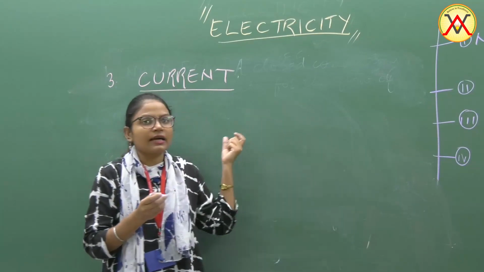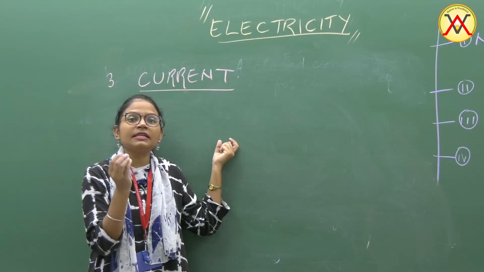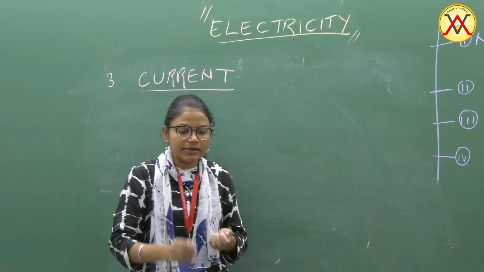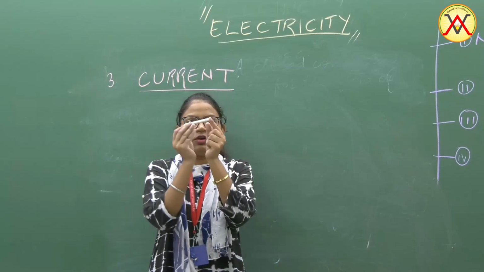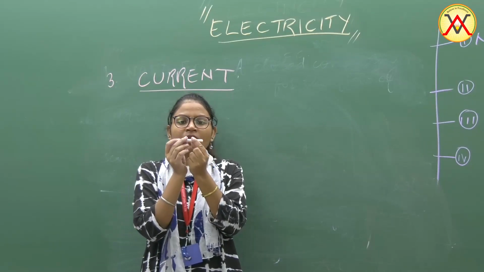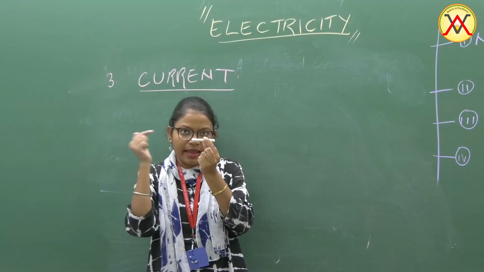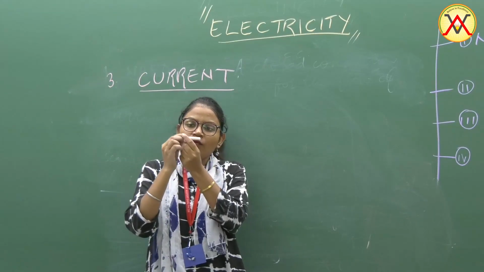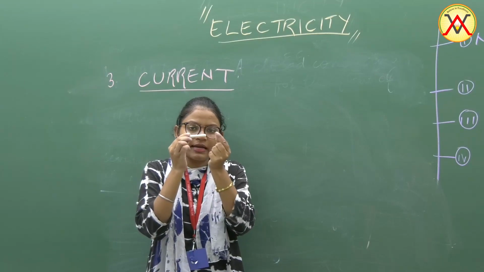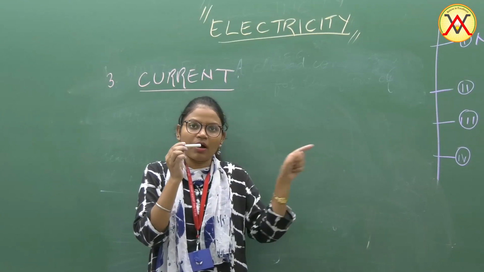All of these conductors, especially metallic wires, these conductors, they look in this way. Okay. Some certain charges from this end enter, then travel through whole conductor and through this end they come out.